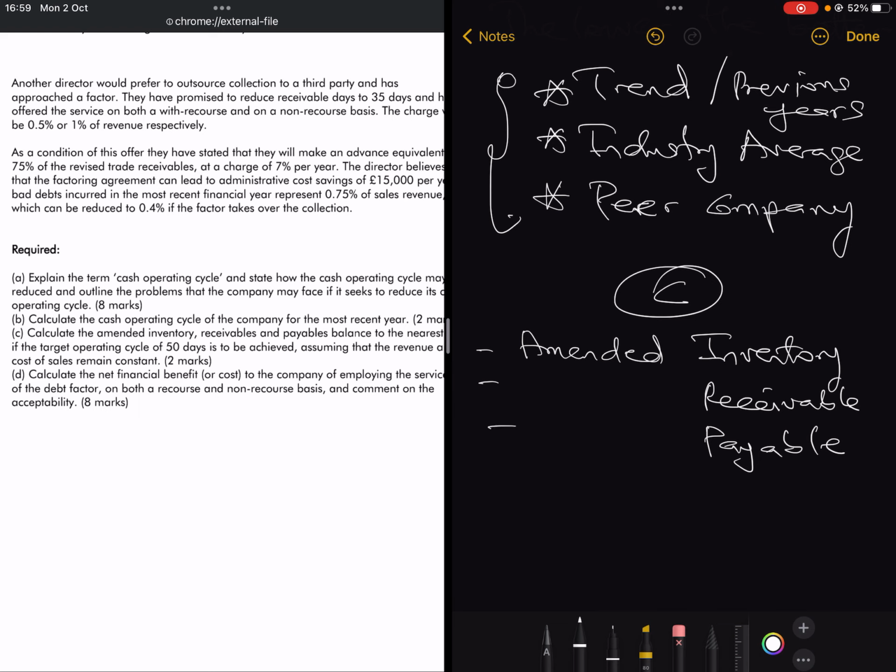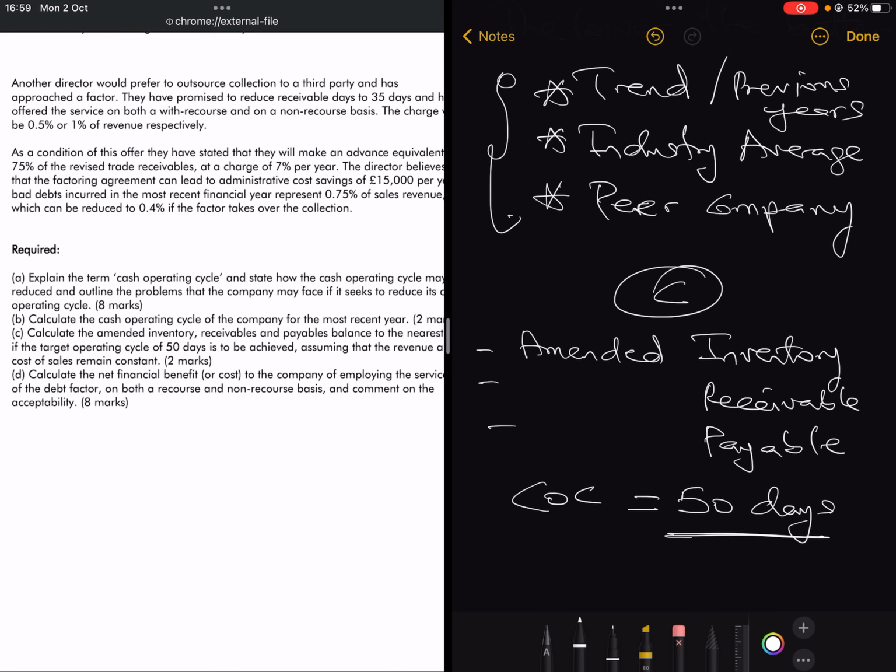And that is based on the target operating cycle being reduced to 50 days. Remember, from our calculation, the cash operating cycle is 77 days, but they want to reduce it to 50 days with account receivable and inventory days being 45 days.